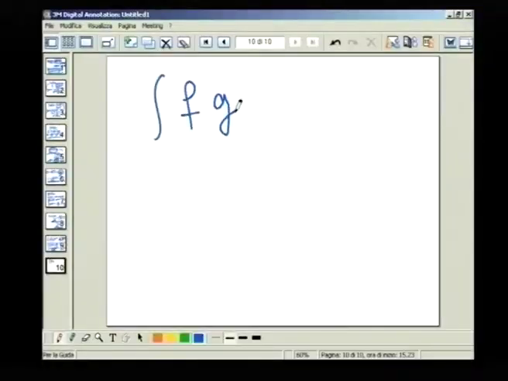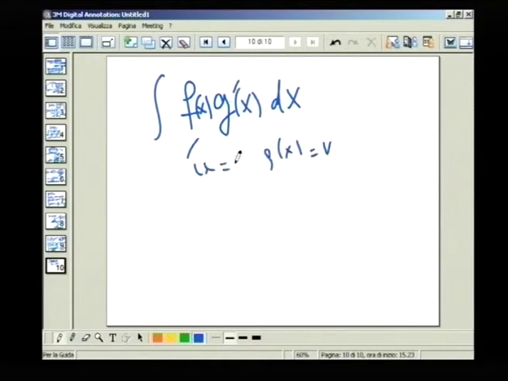But the main thing that you have to memorize is that when you have an integration of two functions, f of x times g of x dx, instead of taking one equal to u and the other equal to v and using the formula u dv and v du, you memorize one rule.